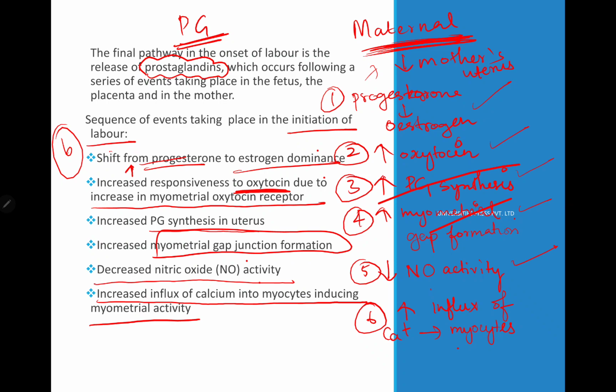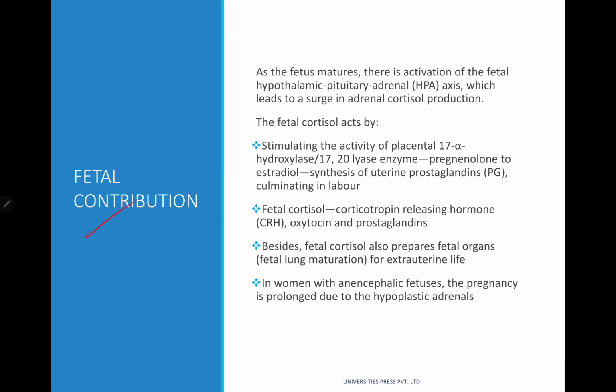Now we need to move on to the fetal contribution. As the fetus matures, there is activation of the fetal hypothalamic pituitary adrenal axis, the HPA axis, which leads to a surge in adrenal cortical production.